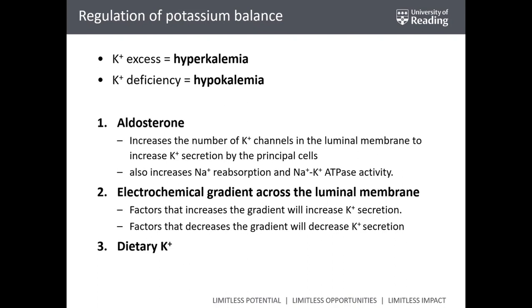One is aldosterone, which, as we said, promotes the excretion of potassium by increasing the number of potassium channels on the apical membrane of the epithelial cells, of the principal cells in the distal convoluted tubule. The second is the electrochemical gradient across the luminal membrane in the distal convoluted tubule, and the third is the dietary potassium.